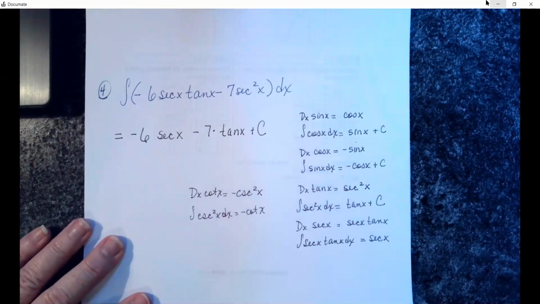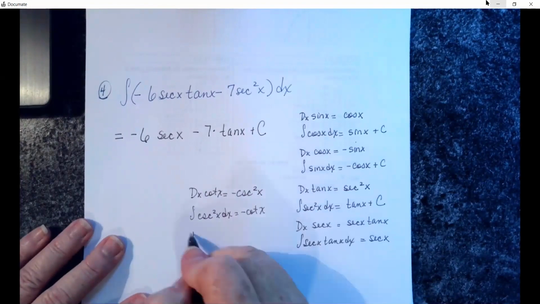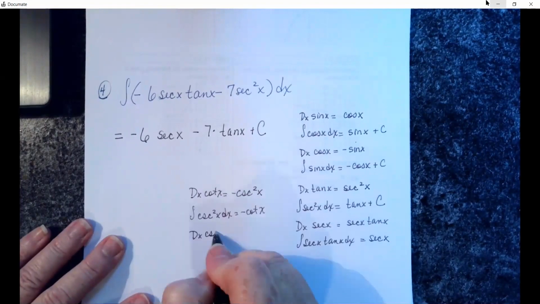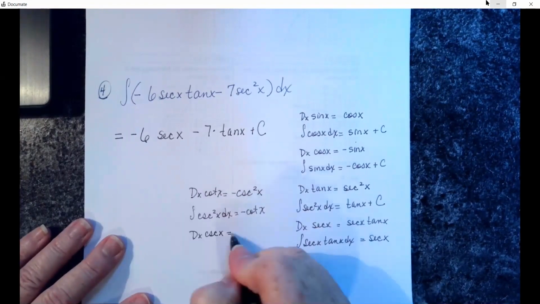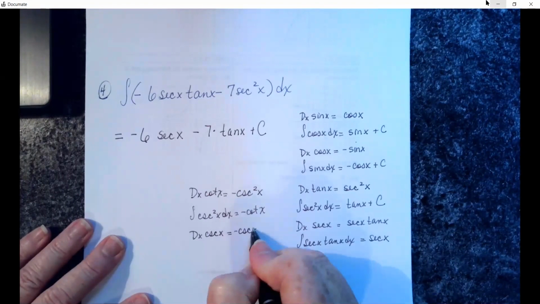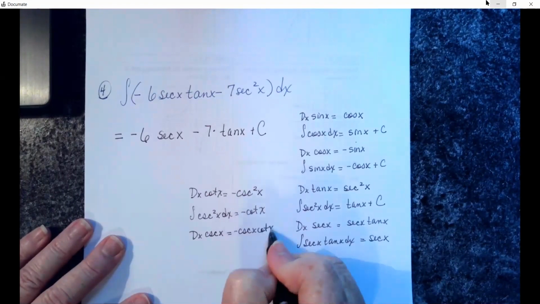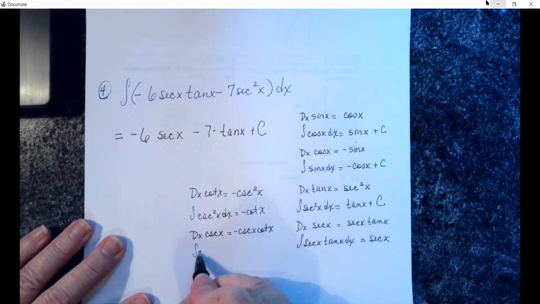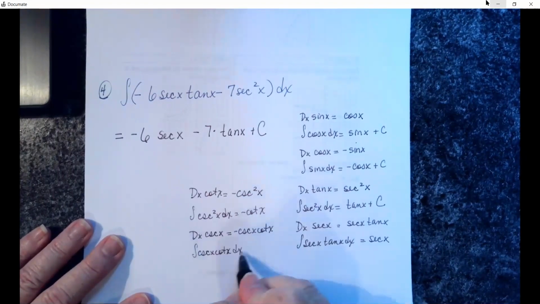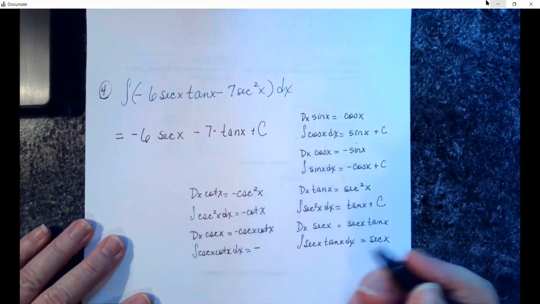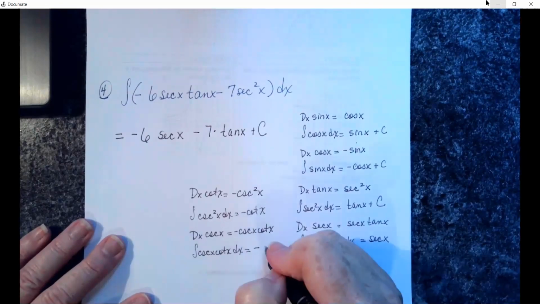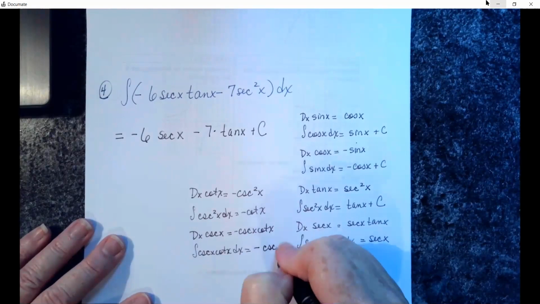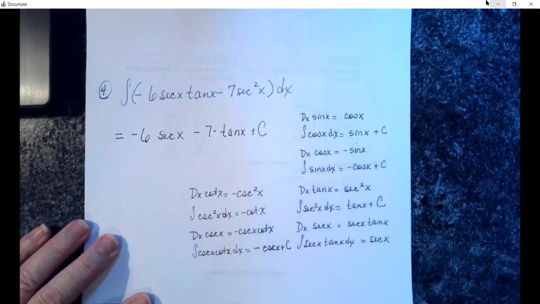And then the last one that we haven't done is cosecant x, I believe. Yep. Derivative of cosecant is negative cosecant x cotangent x. So the integral is negative cosecant x plus c.